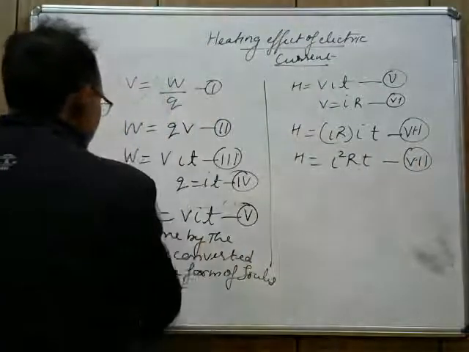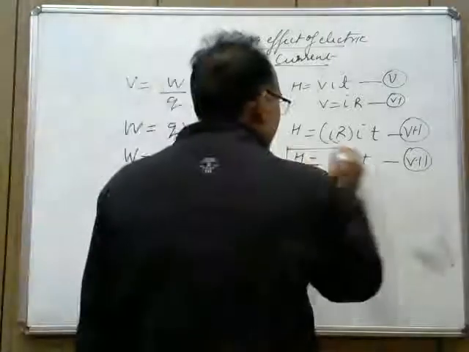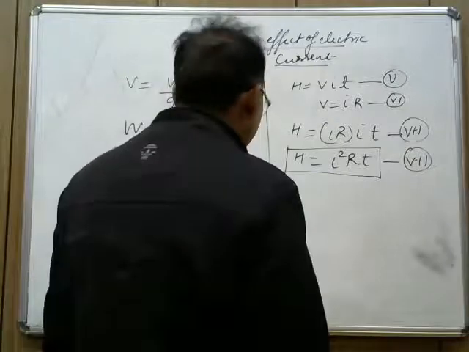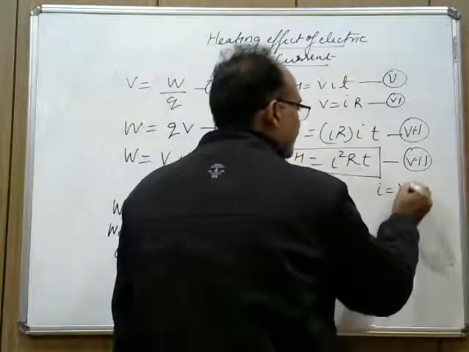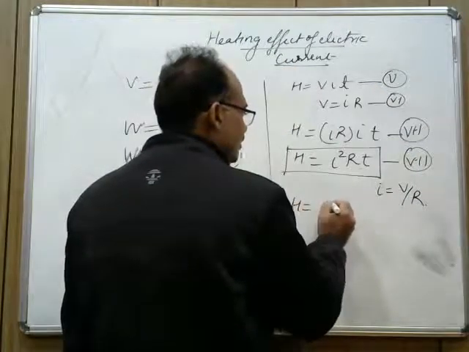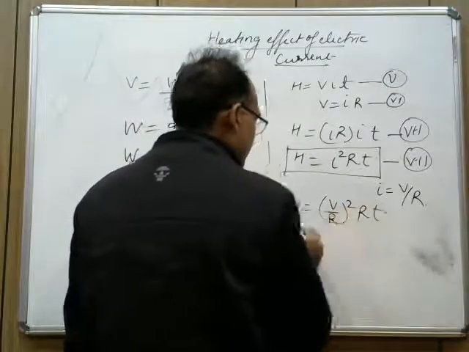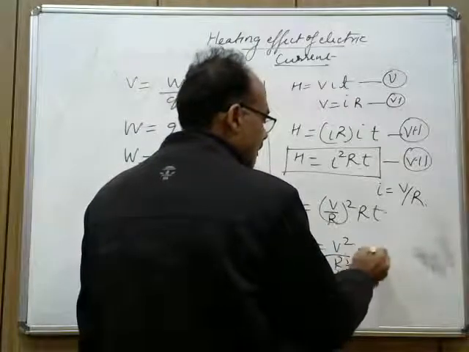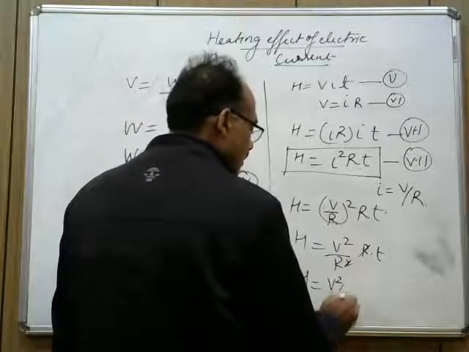So one formula is this one for the heat, one formula is this one, and for the next formulas we can convert this I as V by R. I is equal to V by R, then we can write H is equal to V upon R whole square into R into T, or we can write V square upon R square into R into T, or we can say H is equal to V square upon R into T.